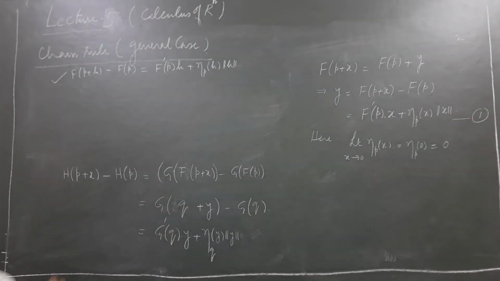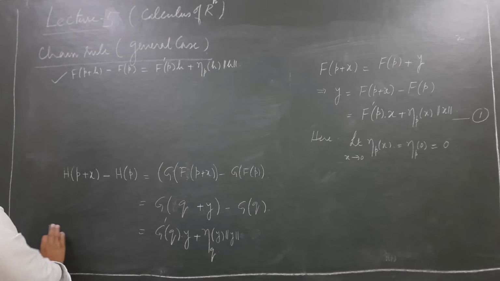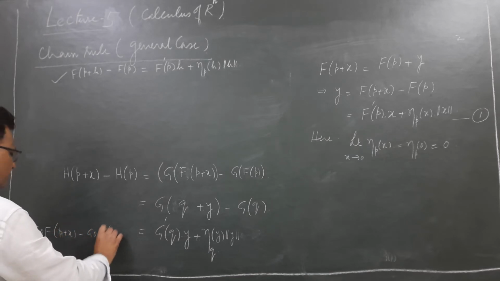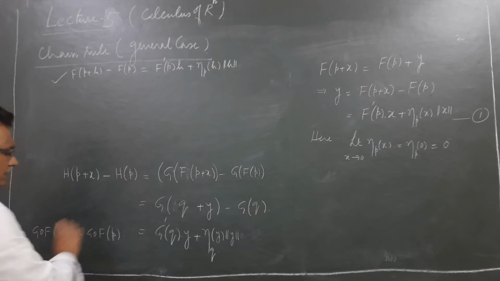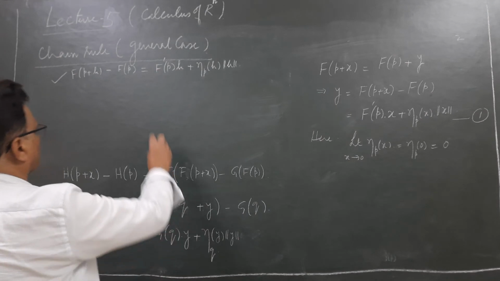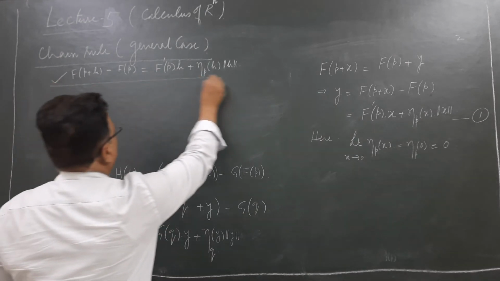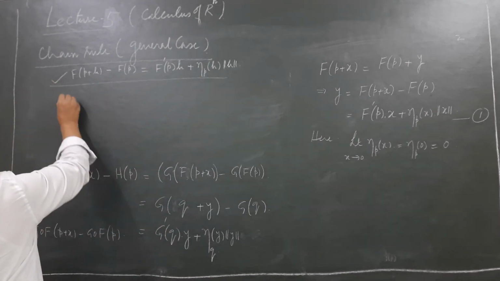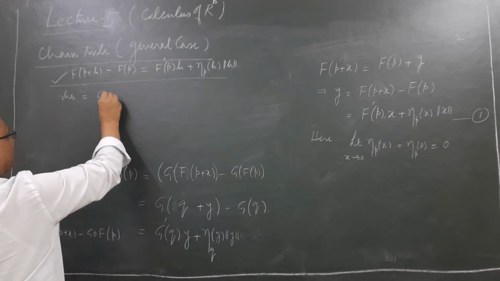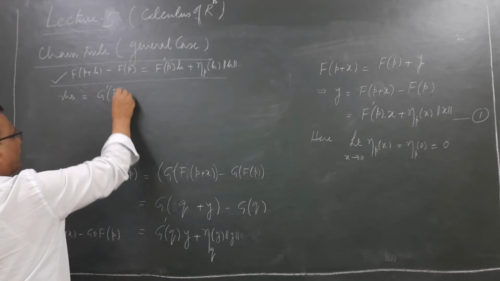The left hand side is g composition f at p plus x minus g composition f at p. This is the left hand side. Now the right hand side is g dash operating on f of p.